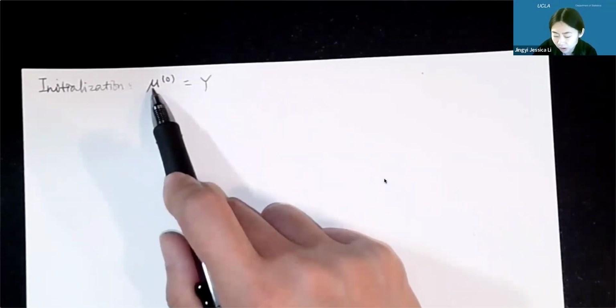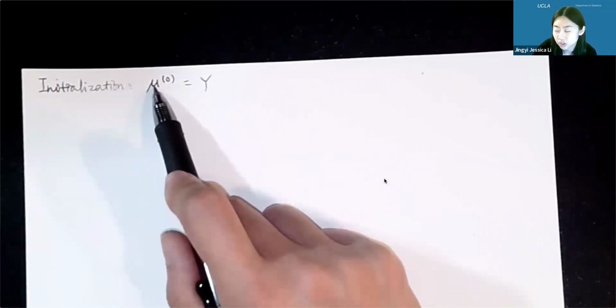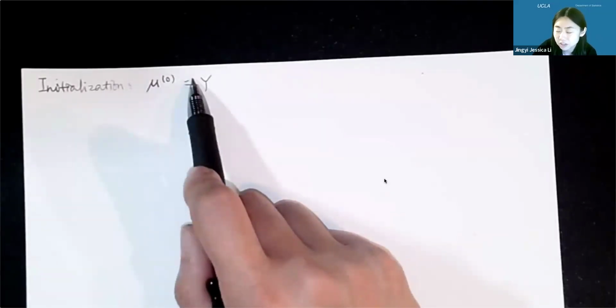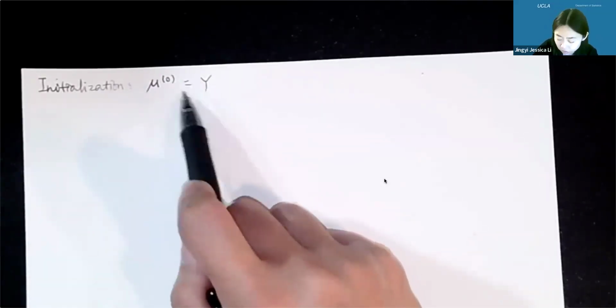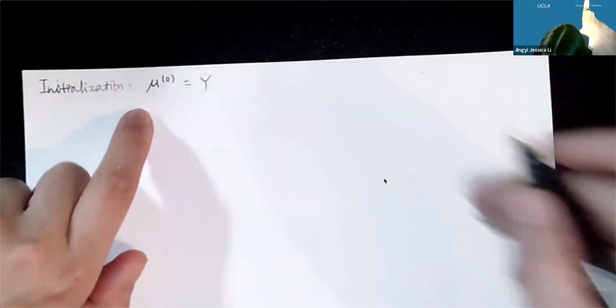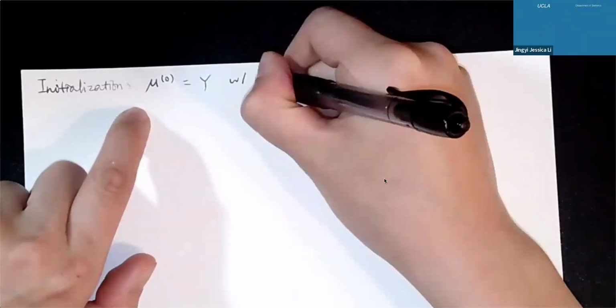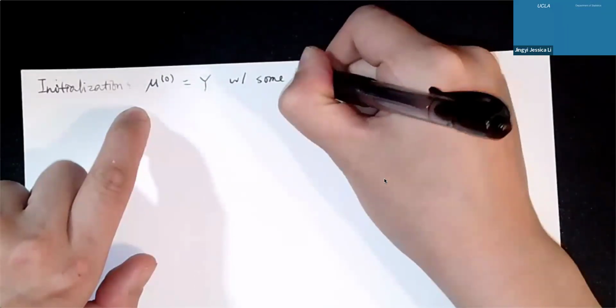Otherwise, with 0 or 1 you have the infinity case when we take the logit: logit of 0 is negative infinity and logit of 1 is positive infinity. So you may need to add some perturbation to make mu 0 valid.